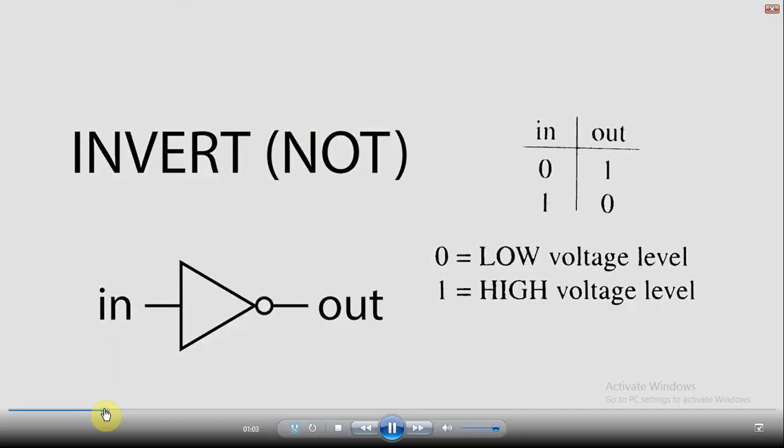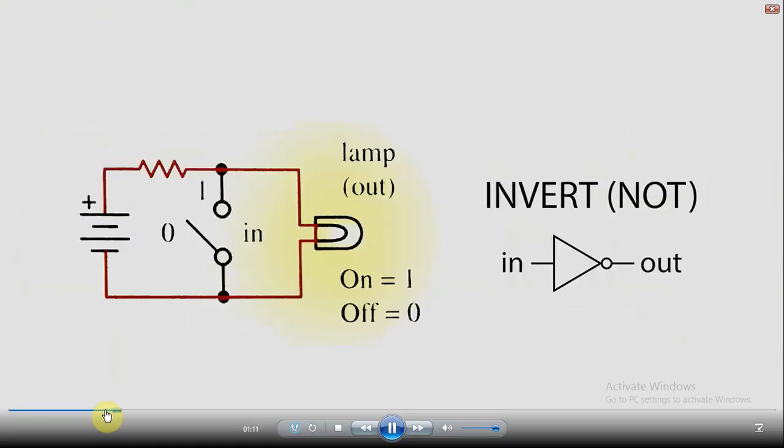Let's take a look at the first logic gate, the inverter, also called a NOT gate. They invert whatever signal they get. Input a 0, it outputs a 1. Input a 1, it outputs a 0. Set up as an analog circuit, you can think of it like this, with the switch being the input and the light being the output.